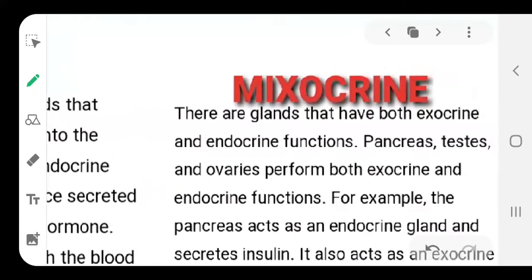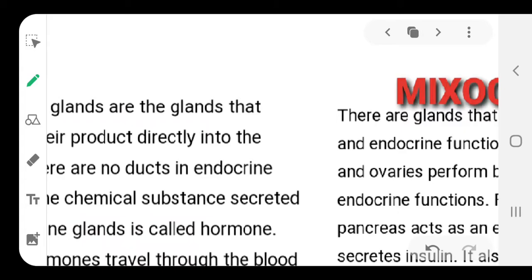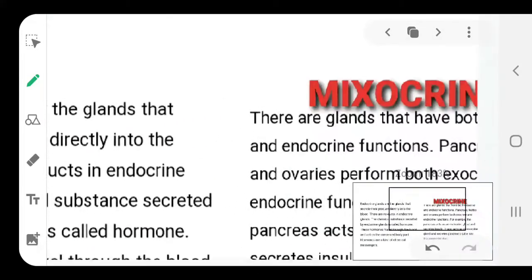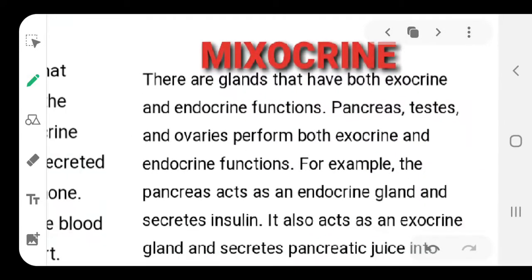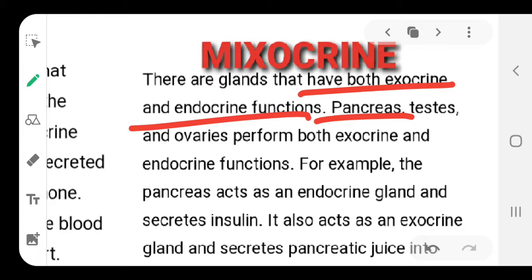As I have told you before the start of this particular topic, we do have a third type of gland. So underline that name, called exocrine. This gland has both exocrine and endocrine function. And underline some examples: pancreas is one of them, testes, ovaries, they all perform the function of exocrine and endocrine.